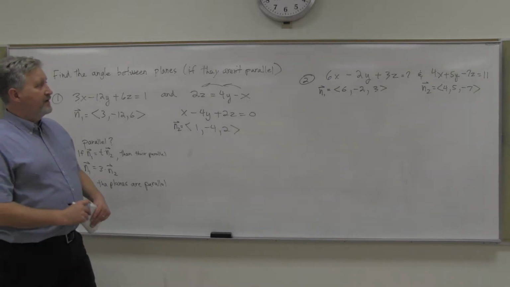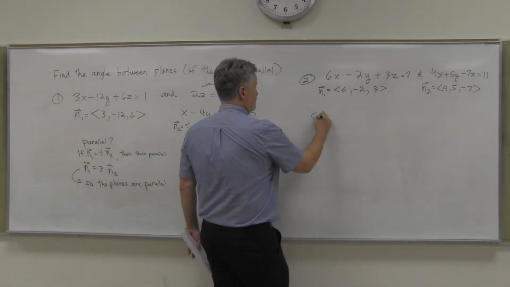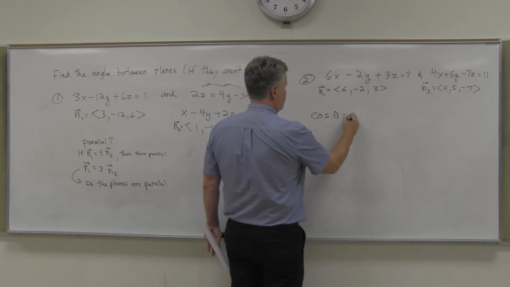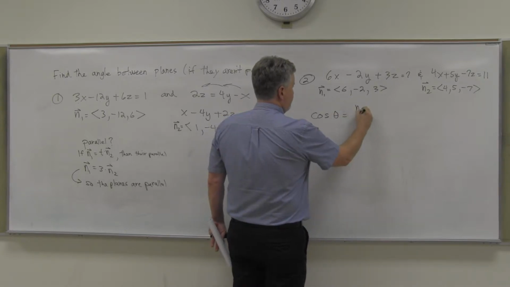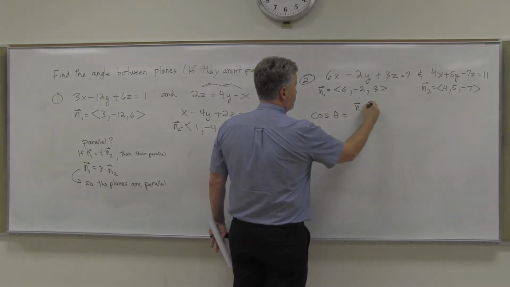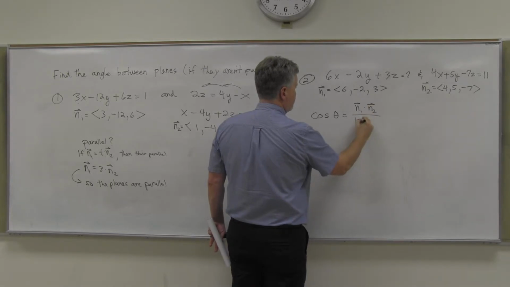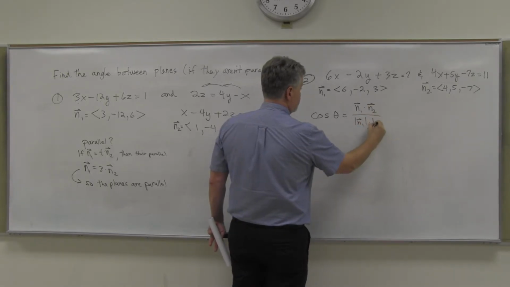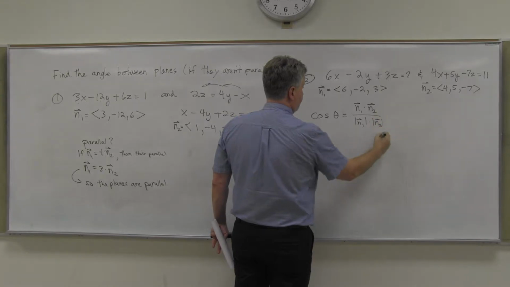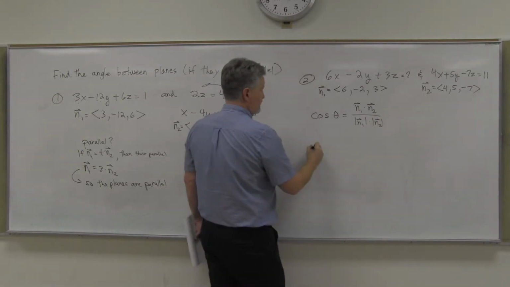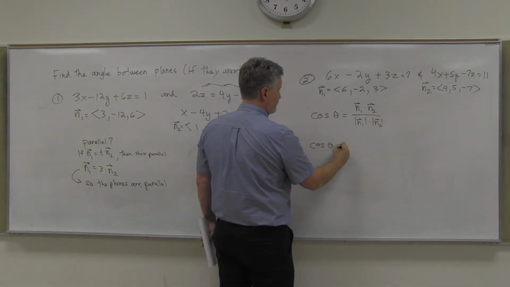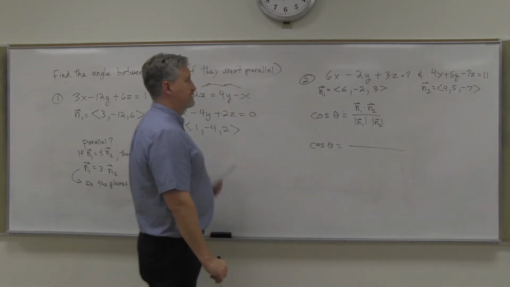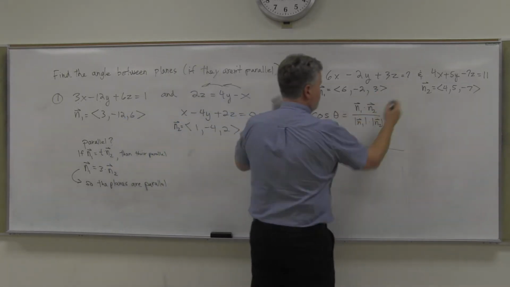All right, so to get the angle between them, the cosine of theta is equal to the dot product divided by the product of the magnitudes. So what does that give us? Dot product, well, you just multiply the components and add them together.